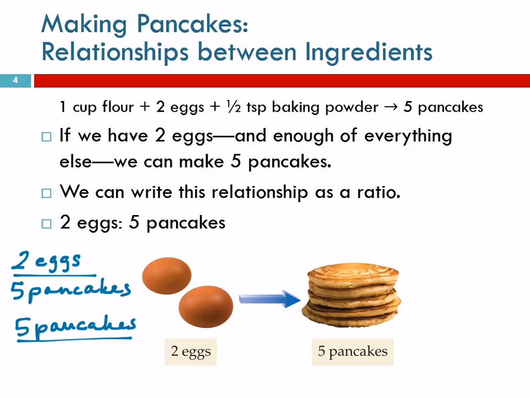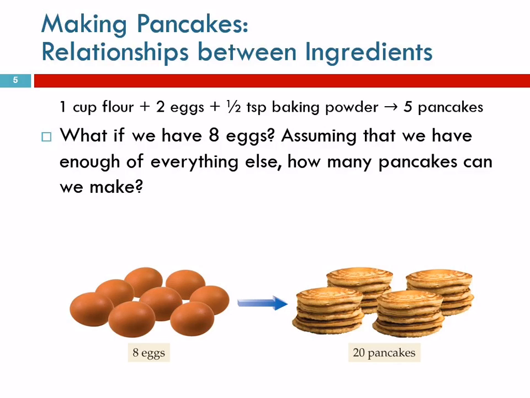Or we could say 5 pancakes per 2 eggs. It's easier to say than it is to write. So this relationship, this recipe, gives us conversion factors.